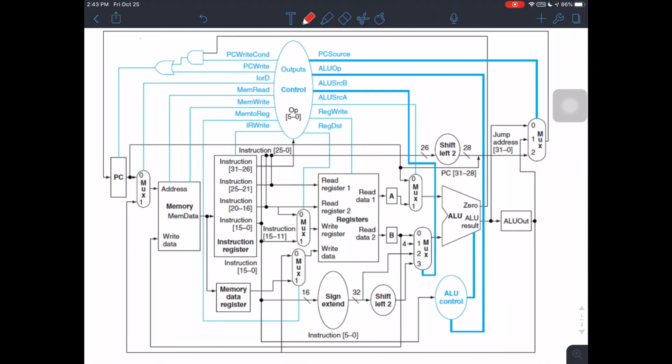So in the 5th cycle of the load word increment, like with the load word, the data from the memory data register is written into the RT register. Then the RS address in A is incremented by 4, and the result is stored in the ALU out register.